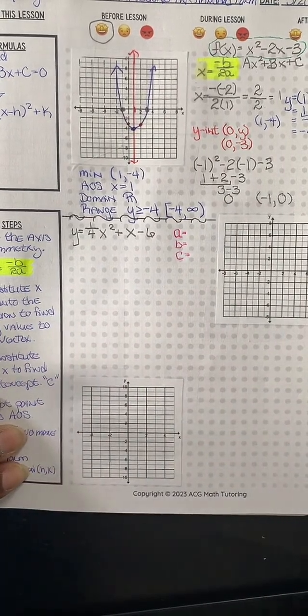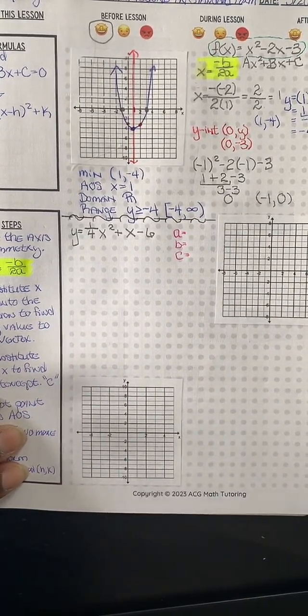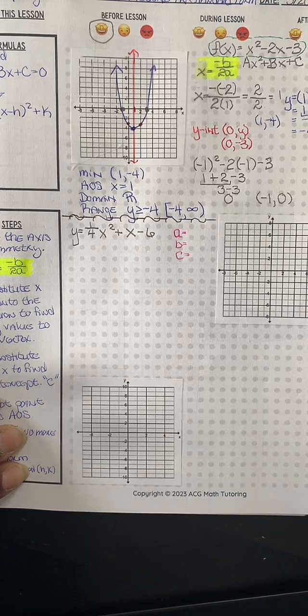If you want to separate with commas, you can do that. All right, so remember the a is the coefficient of the x squared, the b is the coefficient of the x, and the c is your constant. Okay, good. Very nicely done, ladies.